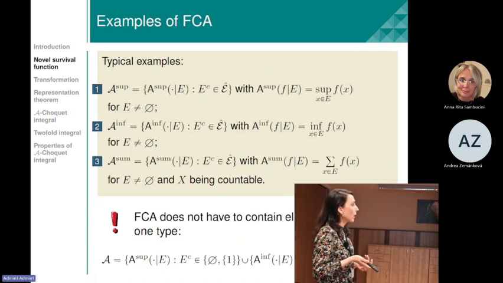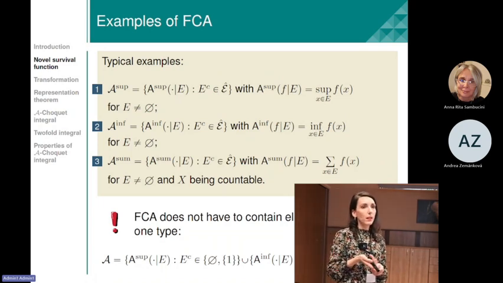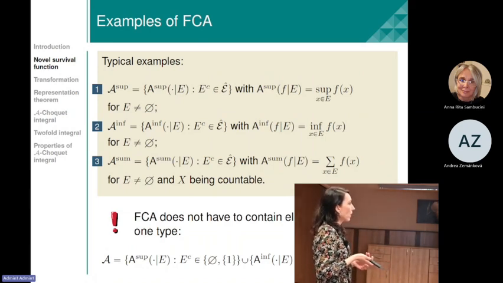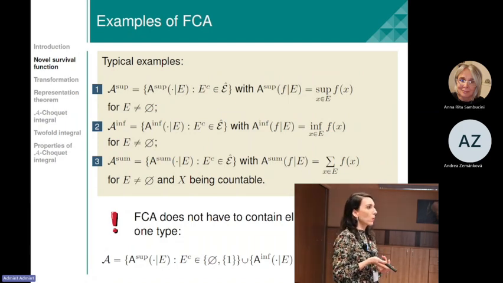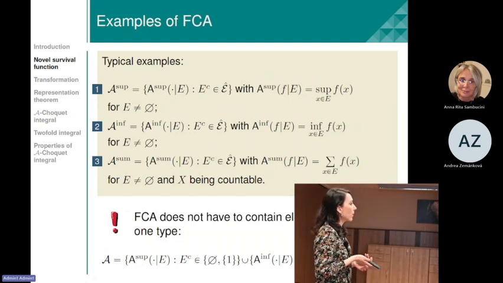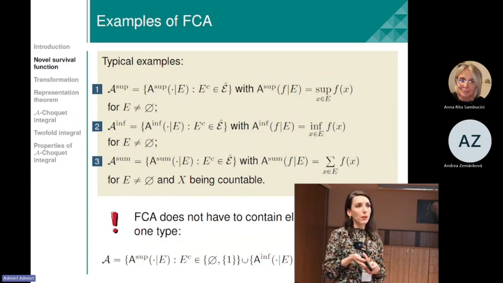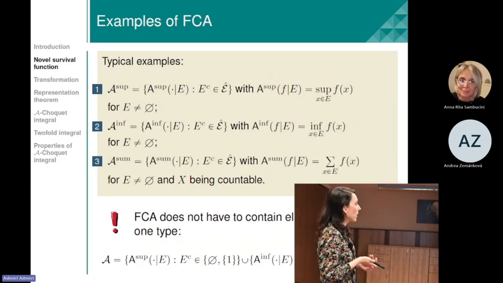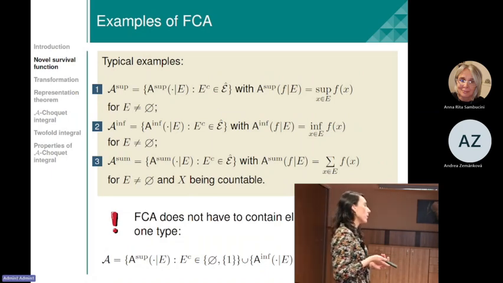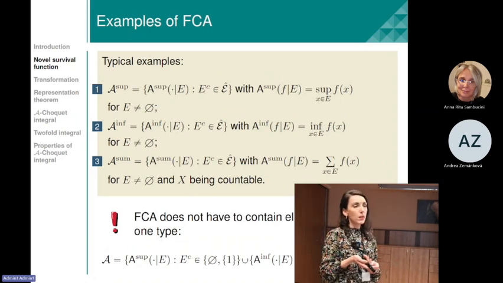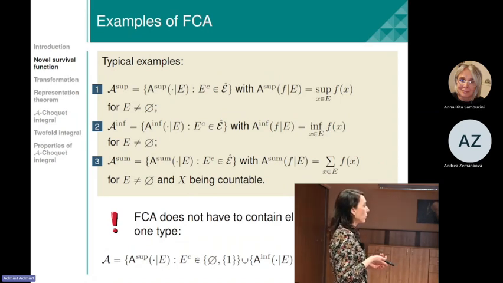Therefore, conditional aggregation operators cover many existing aggregations used in applications. What is important is that a family of conditional aggregation operators doesn't have to contain elements of only one type. For example, we can consider a family which contains supremum conditional aggregation operators on some sets, and infimum conditional aggregation operators on others.